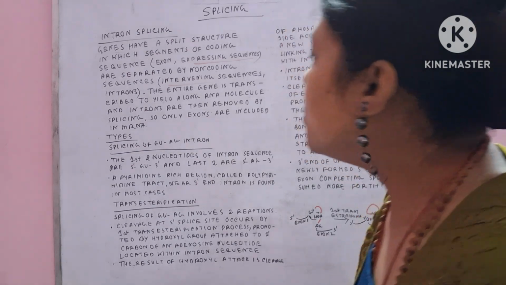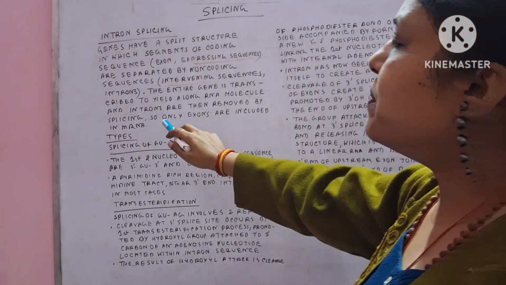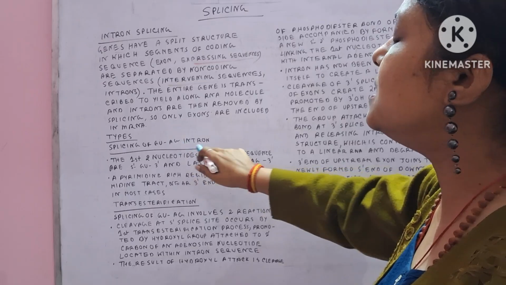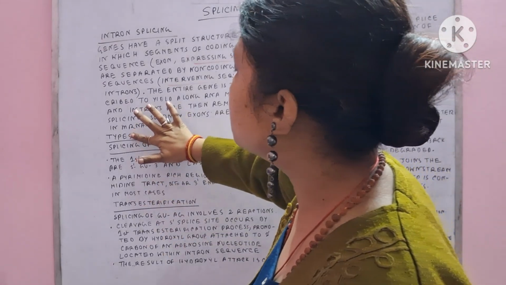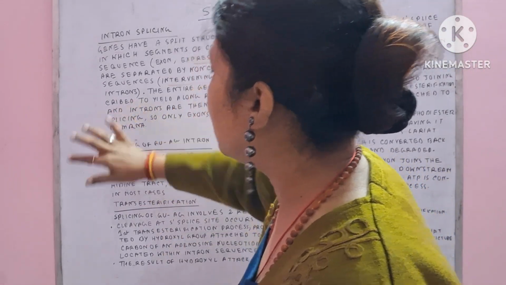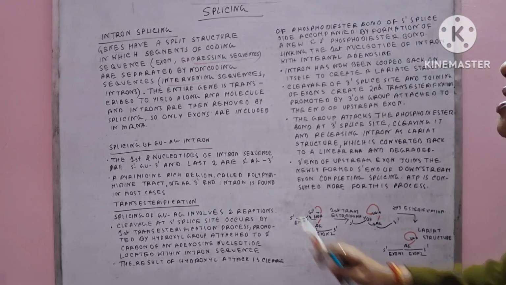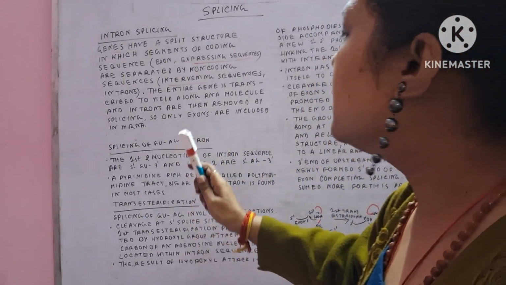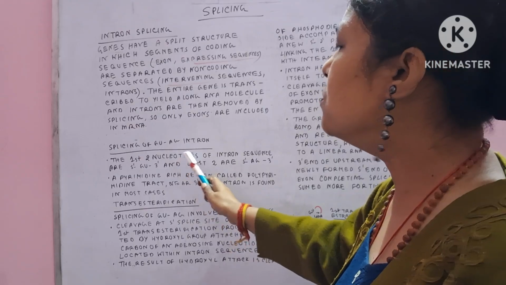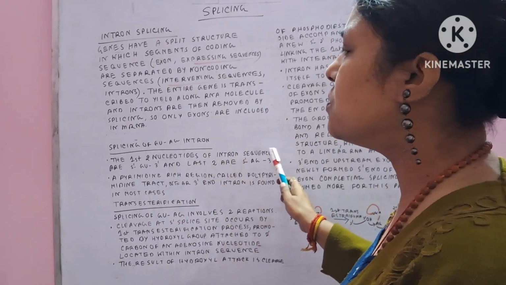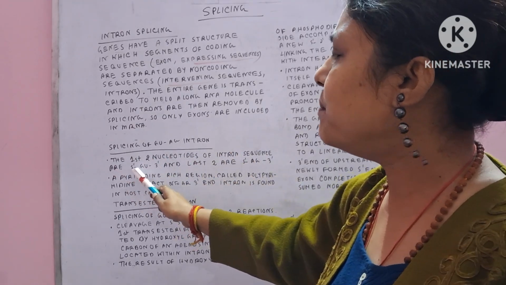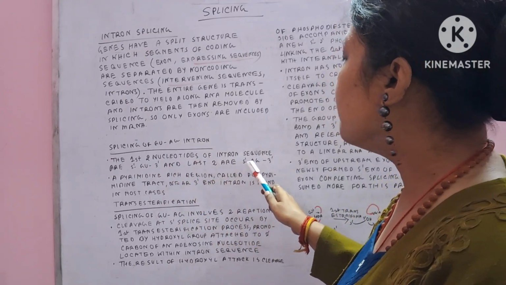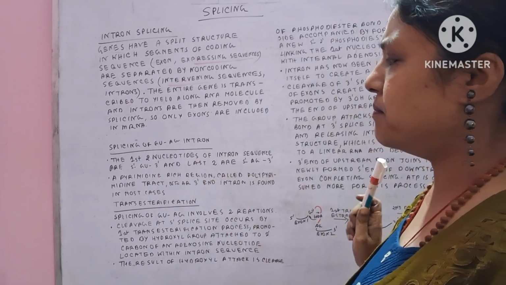Here the first type is the splicing of the GU-AG intron. The first two nucleotides of the intron sequence are 5' GU 3', and the last two are 5' AG 3'.